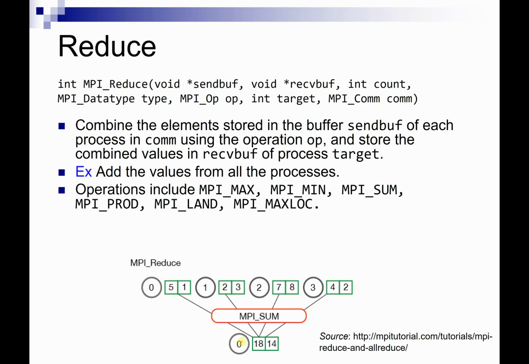So in process 0, because he's the target, he's actually going to collect a bunch of data from the other processes and then add them up. Okay, the other non-target processes, when they do the reduce, they're just going to send their value to the target process. So this is just like the broadcast, where everybody does the same function, but the actual procedure you go through depends on whether you're the target or not.